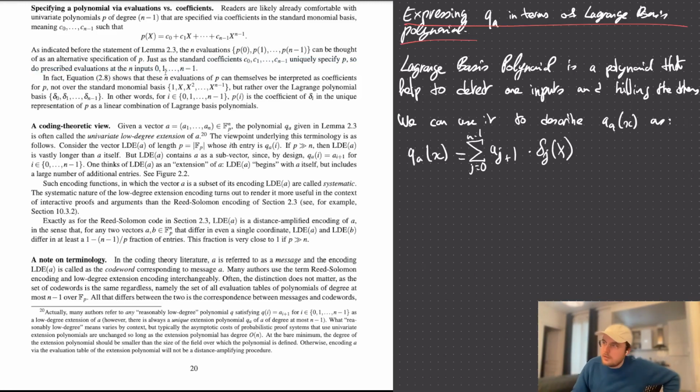In fact, these n evaluations of p can themselves be interpreted as coefficients for p, not over the standard monomial basis 1, x, x squared, until x to the power n minus 1, but rather over the Lagrange polynomial basis delta 0, delta 1, until delta n minus 1.